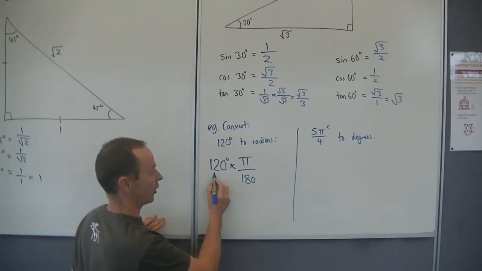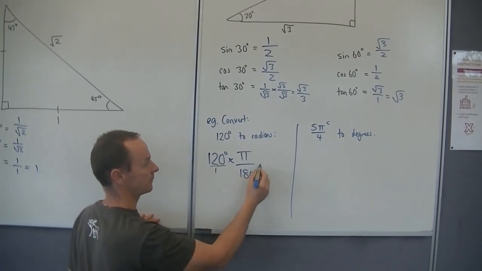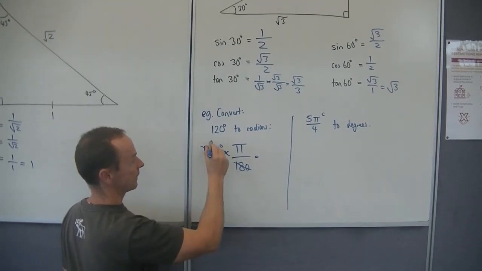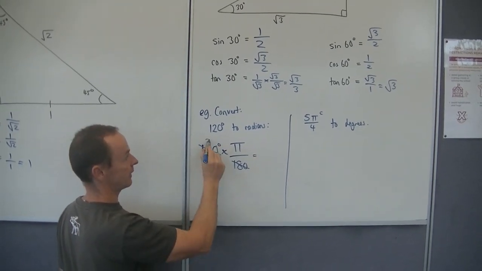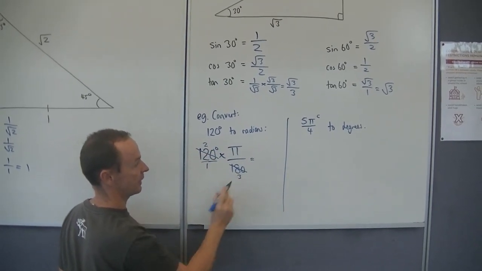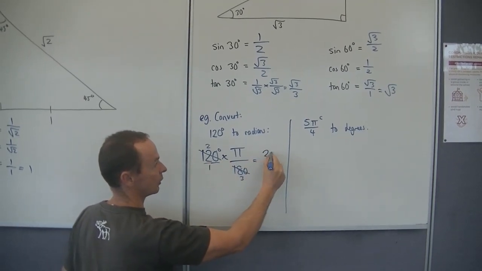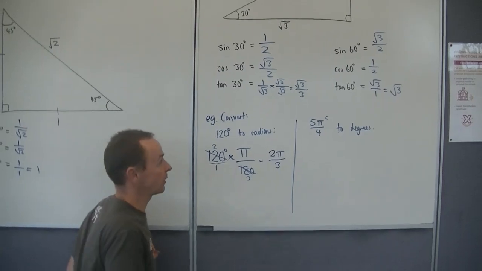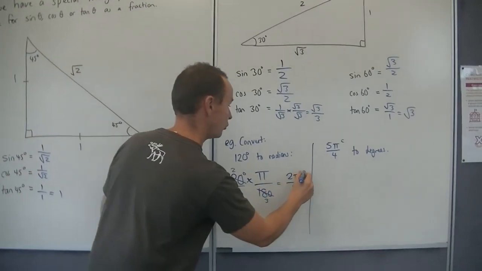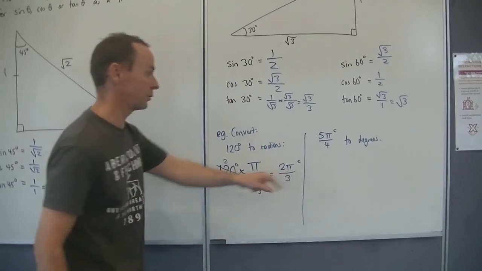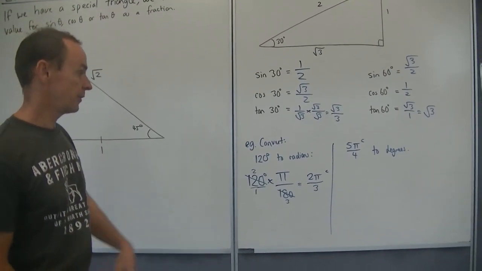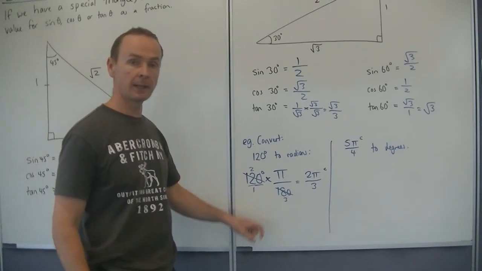The 120 is on the top line, so that's over 1. So we can cancel the 120 and 180: 60 goes into that twice, 60 goes into that 3 times. So on the top line we've got 2 pi, and on the bottom line we've got 3. So there's your answer, 2 pi over 3, and you put a little C symbol for radians. That wasn't too hard, was it? You just had to multiply it by pi on 180.